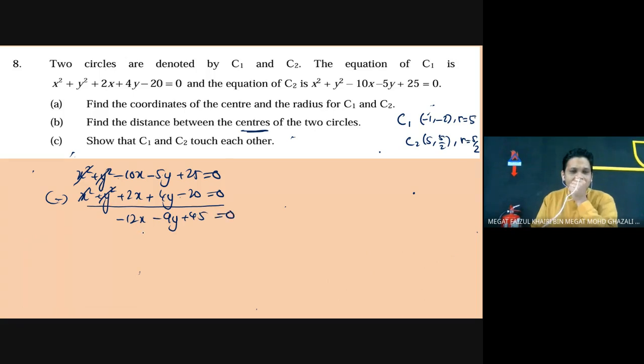Divide by 3, negative 4x minus 3y plus 15 equal to 0, and then negative 4x equal to 3y minus 15, and x equal to negative 1 over 4 (3y minus 15), and substitute x into equation 1 or equation 2 until you get all the same variable, where the variable y automatically turns into x.